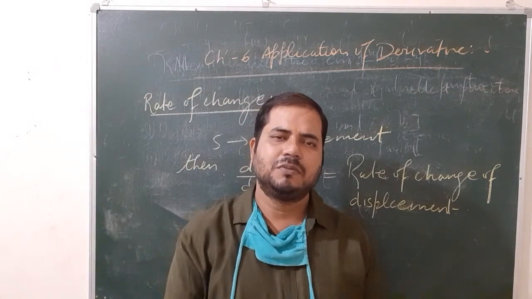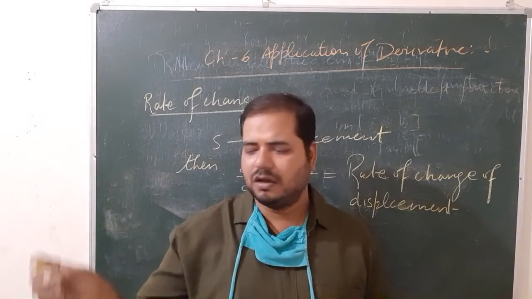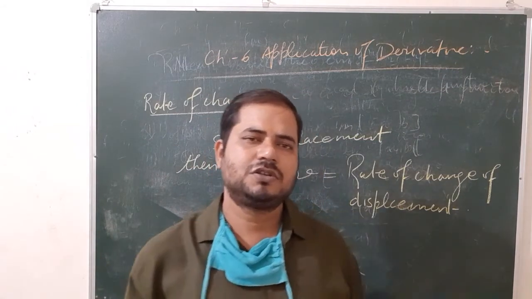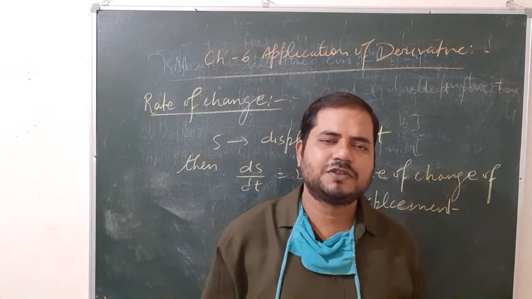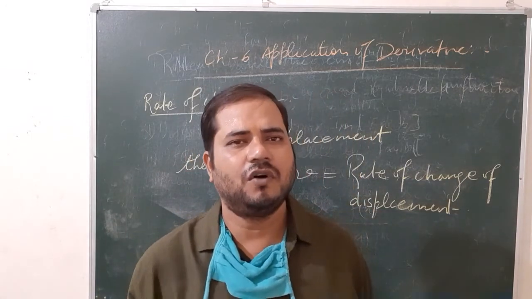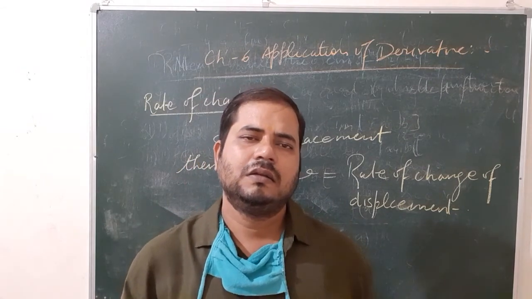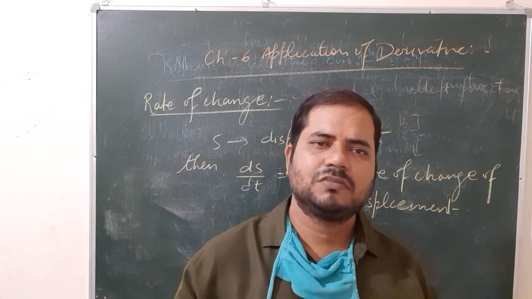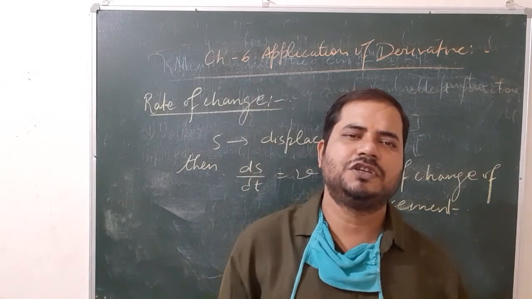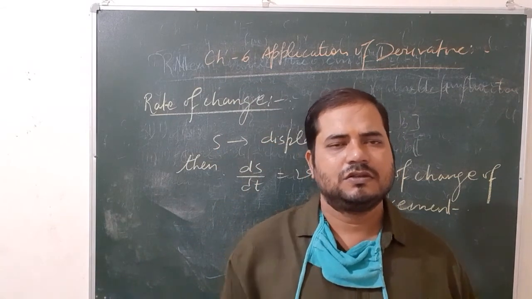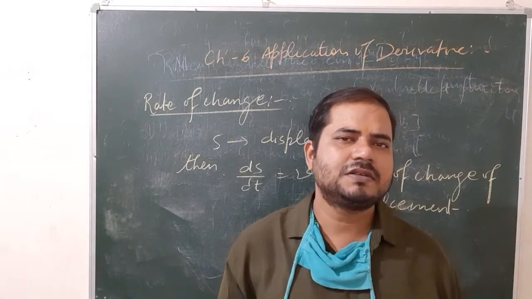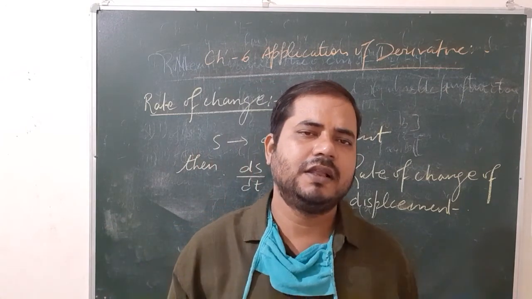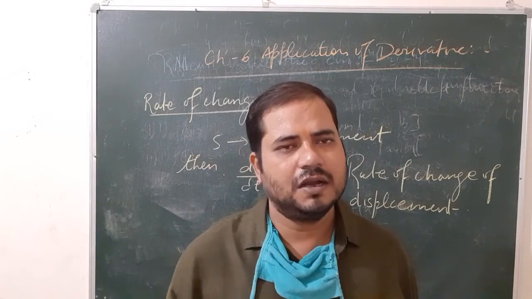Some questions were of the type: in a lake we drop a stone, then the waves increase in the form of a circle. The rate of increment of the circle is given, then find the rate of change of the radius. So rate of change of circle means rate of change of area of the circle, that means pi r square.